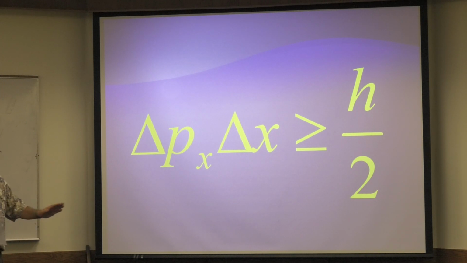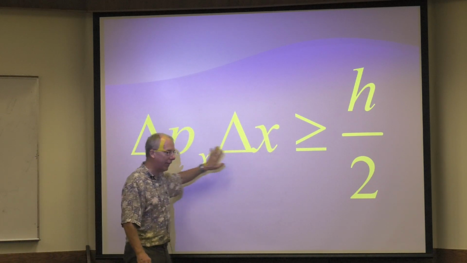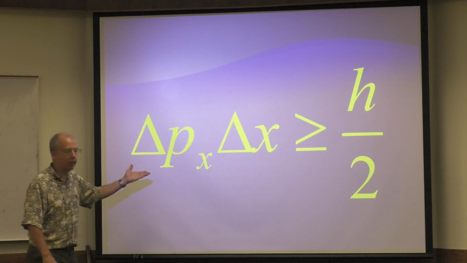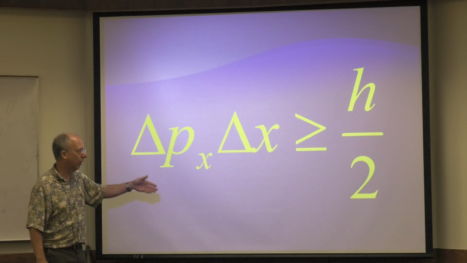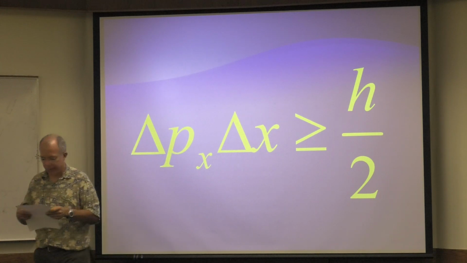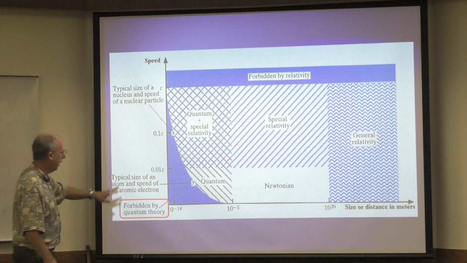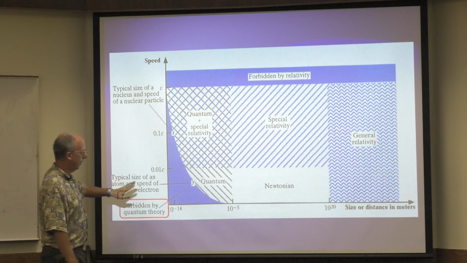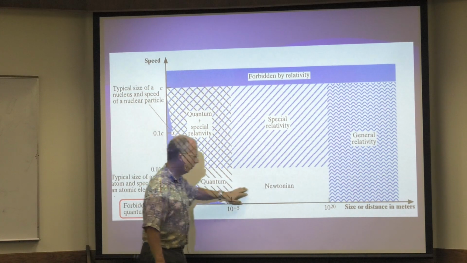Again, it doesn't matter how you set up the experiment or whatever. It's just uncertain. You can't beat this. People have tried. You can't beat this. There's always going to be uncertainties in the position and the momentum or the velocity, you know? Okay? And you remember this graph? I don't know if I showed it to you yet, but Newtonian physics is only good for regular, ordinary size things.